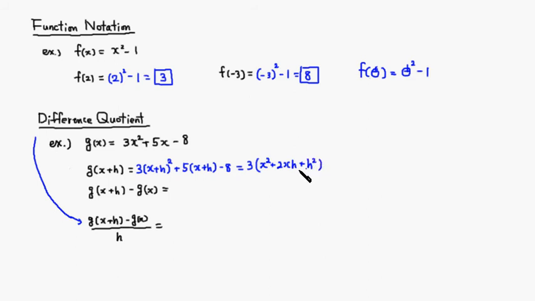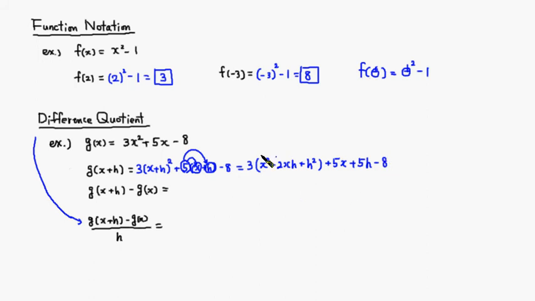Then I'm going to distribute 5 to x, so we'll get 5x, and distribute 5 to h, so that'll be 5h. Then you have a minus 8 at the end.